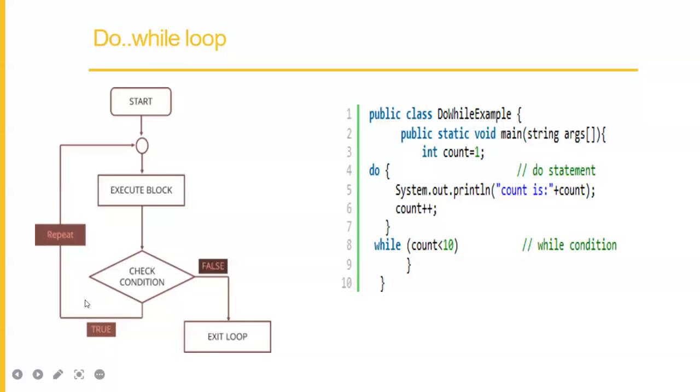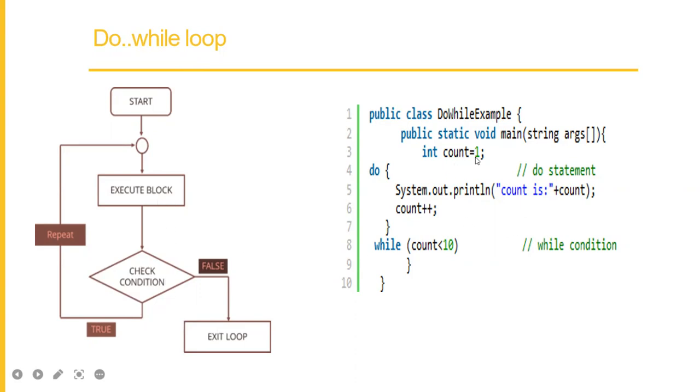If it is true, it will repeat the process. Exit control means at least once the body will be executed. That is the reason this do while loop is called an exit control loop.